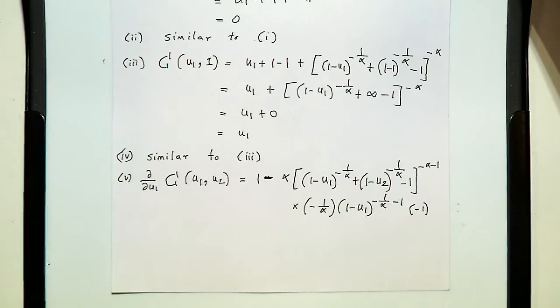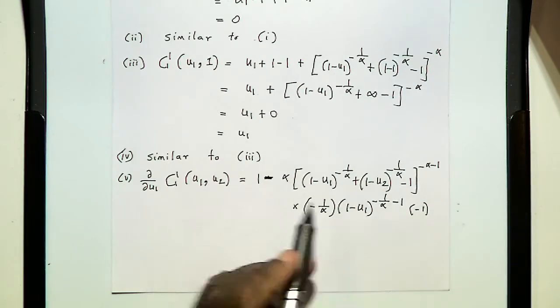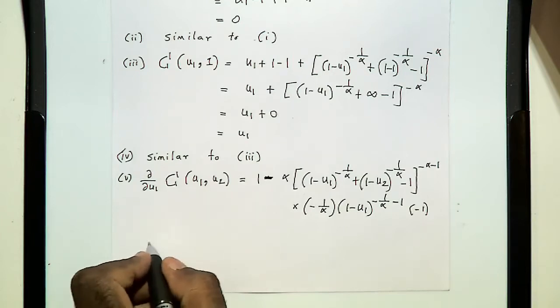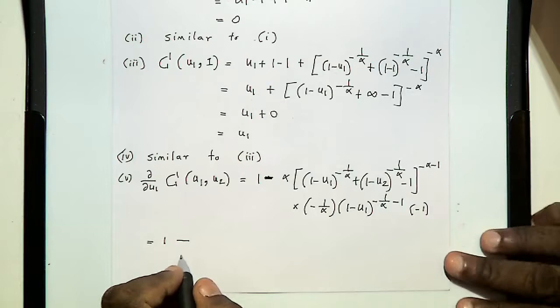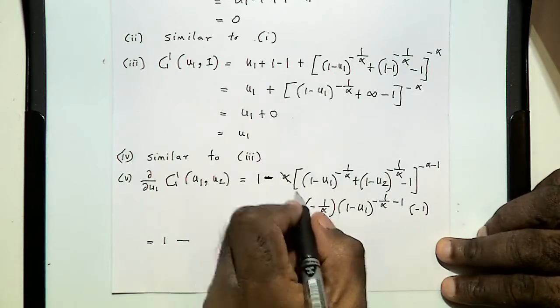Correct me if I'm wrong. So you have 3 minuses, minus, minus, minus, gives you a minus. So this is going to be 1 minus, the alpha and the alpha cancel out.